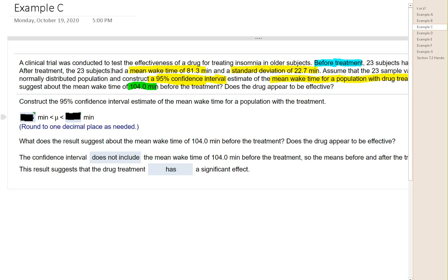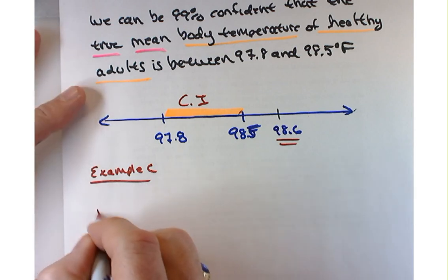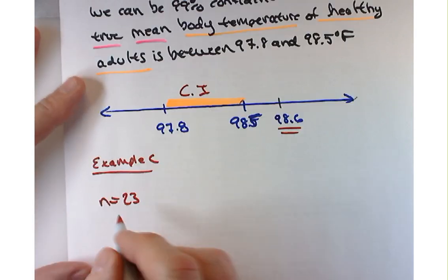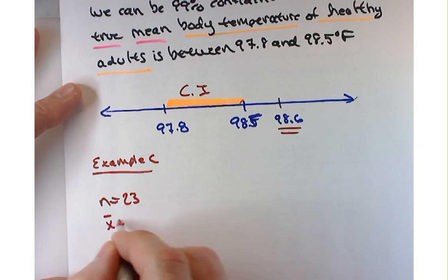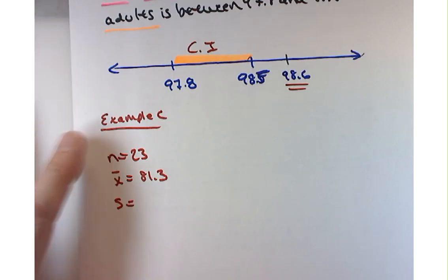So with Example C, let's start out by writing down the information, starting here with 23 subjects, a mean wake time of 81.3. So N was 23. The mean wake time was 81.3, and the standard deviation of that wake time was what, 22.7?